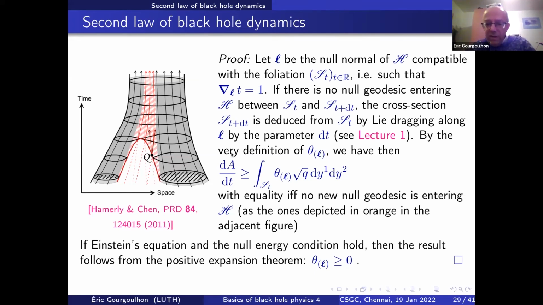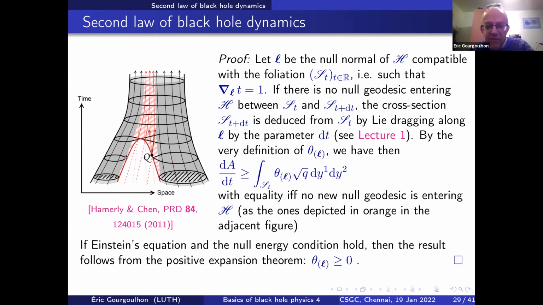So then this variation of the area is given by the definition of the expansion: the expansion measures the variation of the area. If we integrate it on the whole surface, we get the variation of the area itself. In this case it will be an exact equality because I have no new null geodesics.